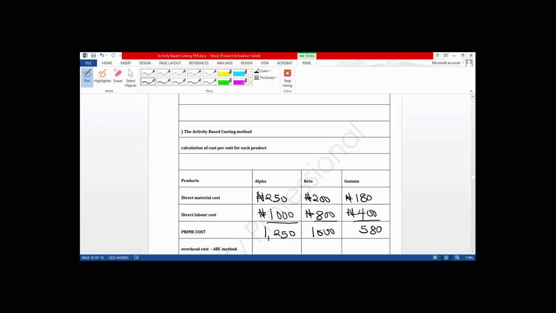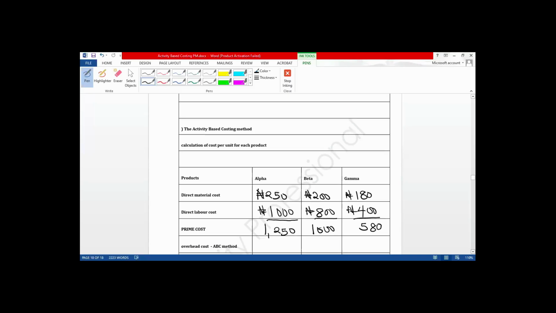Now, overhead cost using activity-based costing. This is where the two methods differ. The first method, we only use labor to allocate the total overhead. Now, the second method, we are going to use the activities to allocate the overhead cost to the products.